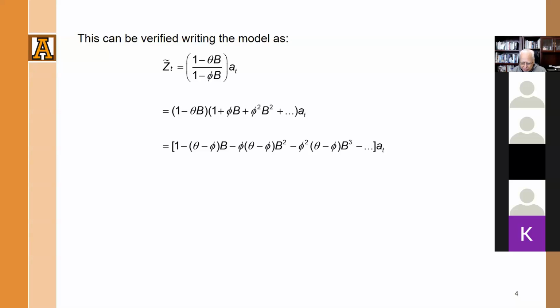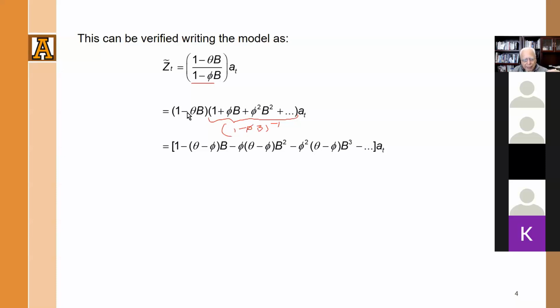This is just what we have seen already. When I have a process that is stationary, then (1 minus phi B) inverse, this thing here, is (1 minus phi B) inverse. Then I have that Z_t is (1 minus theta B)(1 + phi B + phi squared B squared and so on).